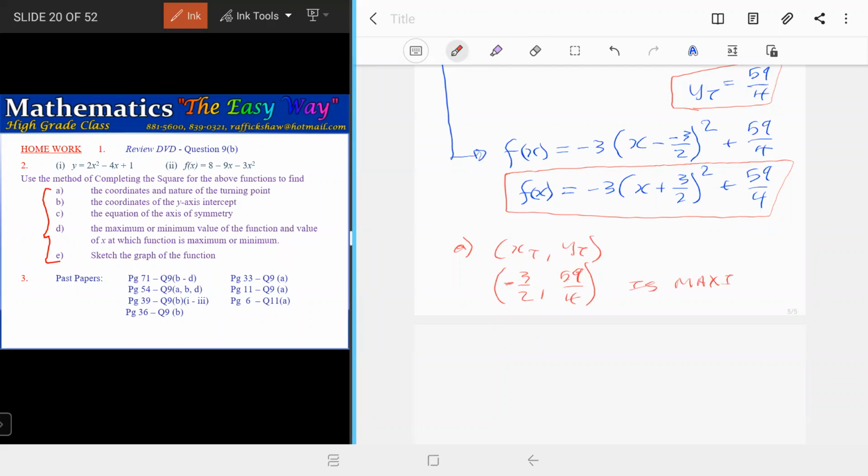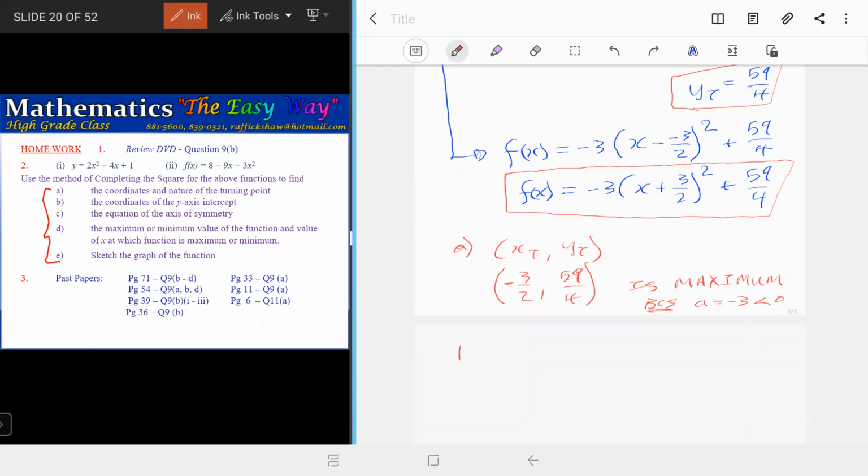That's the nature. It's a maximum. Why is it a maximum? Because the a, which is negative 3, is less than 0. It's negative. That is why it's a maximum. So it has a maximum value. That answers part A. Everybody understand that? Yes, sir. Good.